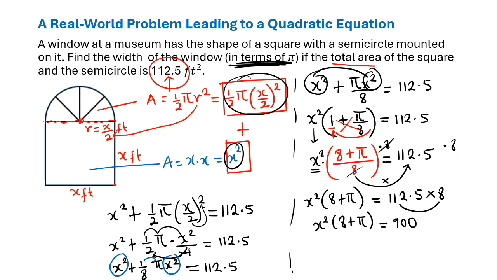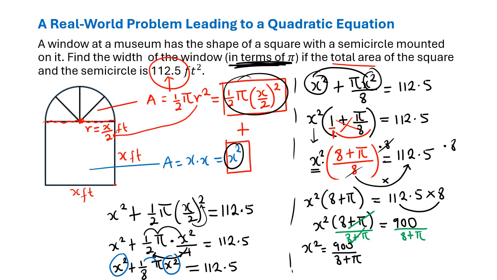To isolate the variable, I will divide both sides by 8 plus pi. Then I will cross out, and I have x squared is equal to 900 divided by 8 plus pi.